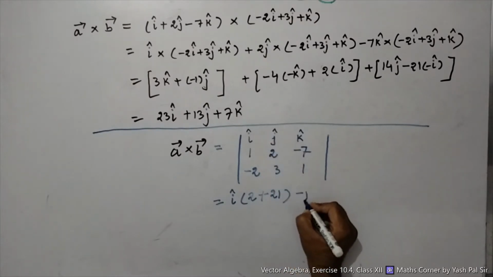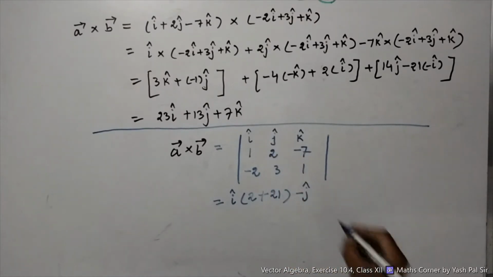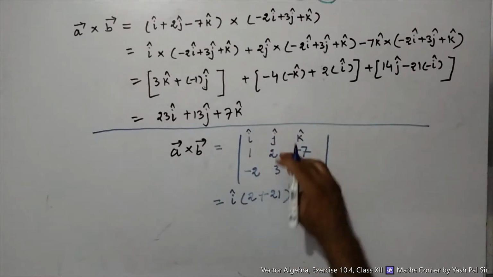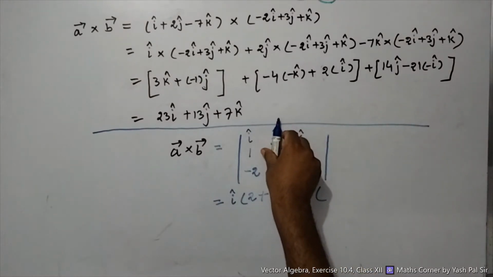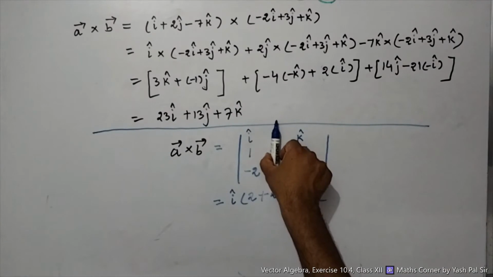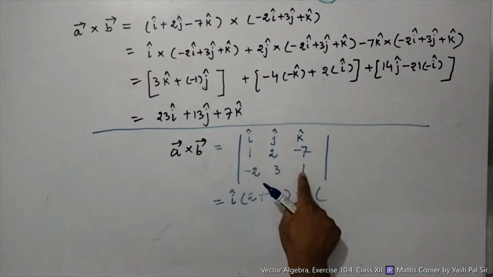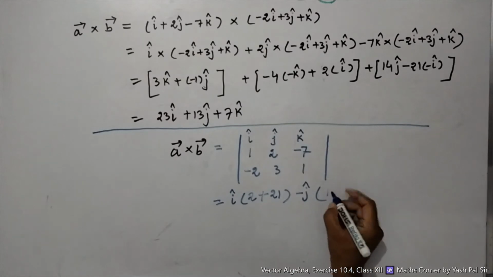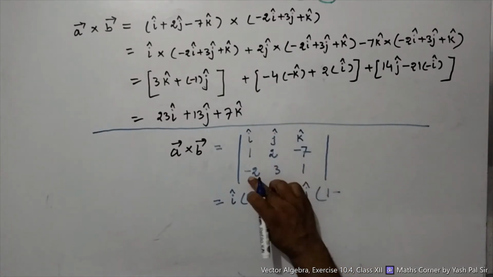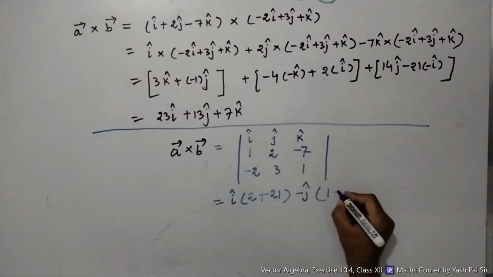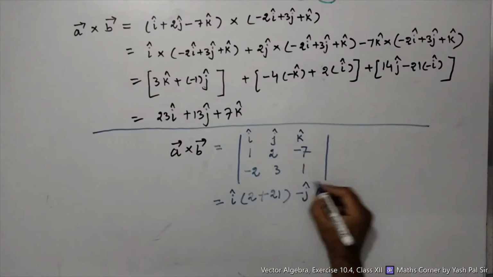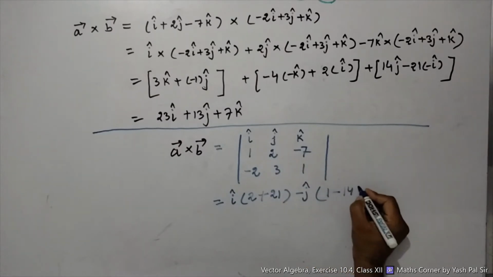Then minus j into, with the j column and row eliminated, we have 1 into 1 is 1, minus minus 2 into minus 7, plus, this becomes minus 14.